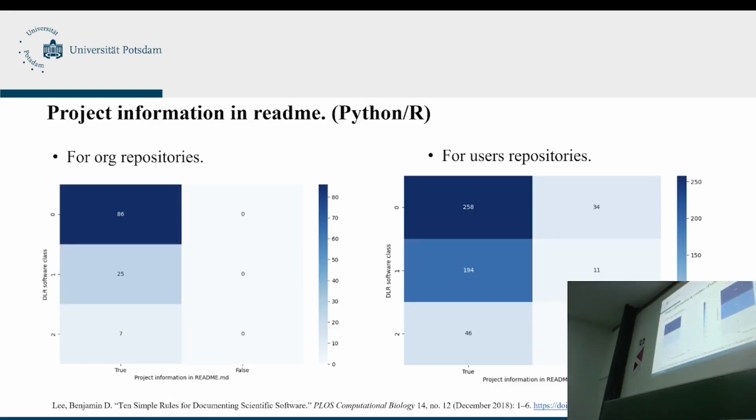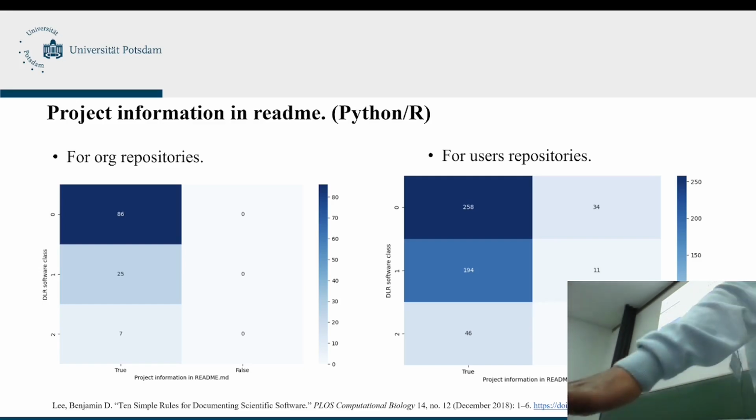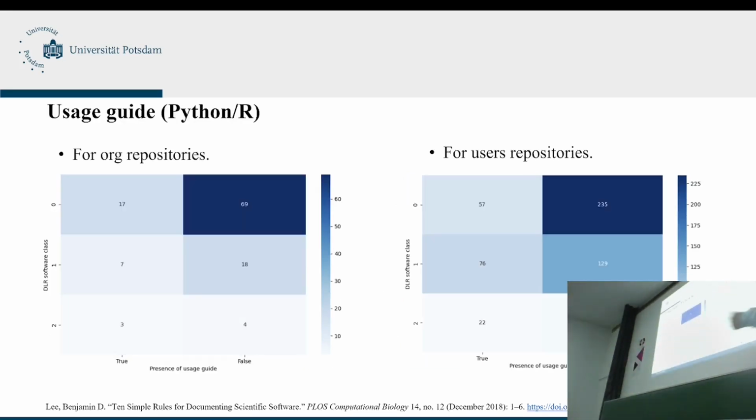Then we followed the 10 simple rules for scientific documentation, which suggests having project information in the README. All the organization repositories had information of their project in the README, which was missing in some of the projects for class 0 and 1 for user repositories, which are researchers.